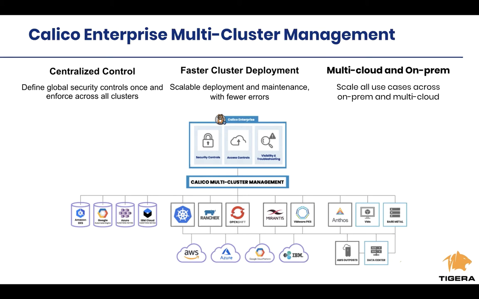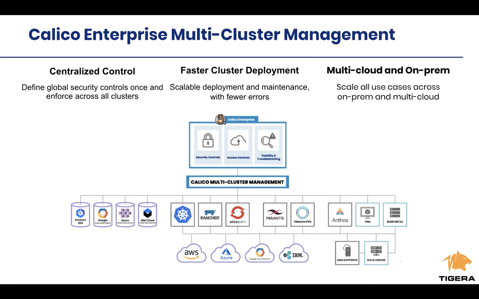What you're going to see in just a few minutes is that we have a couple of clusters in AKS, some in Azure, and some running OpenShift, and we can manage all of those through a single pane of glass that is Calico Multi-Cluster Management.